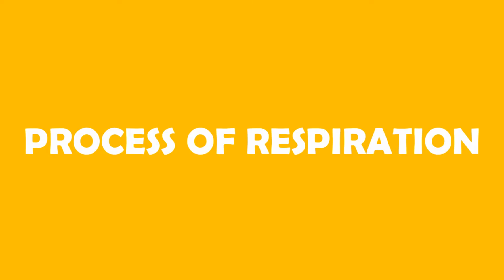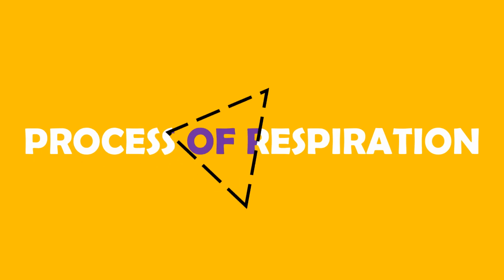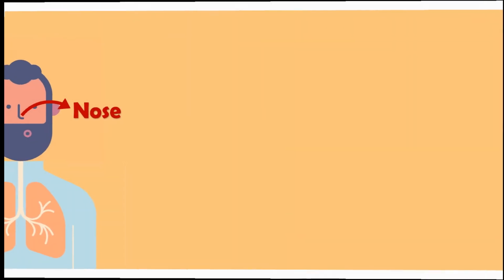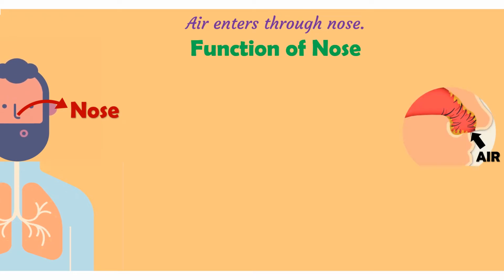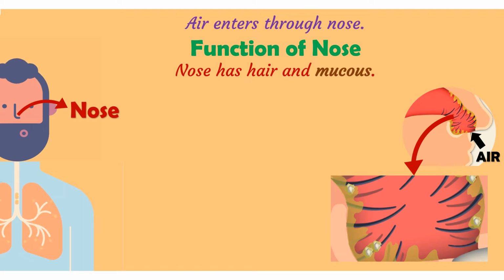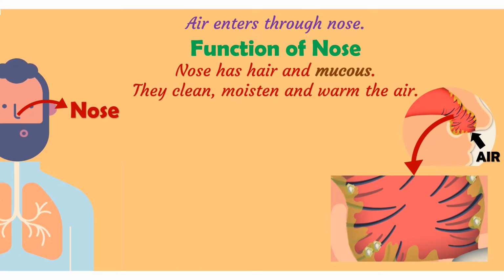What is the process of respiration? The process of respiration, as you know, starts from the nose. Air enters through the nose and moves towards the throat. The nose has hair and mucus. It performs three types of function.